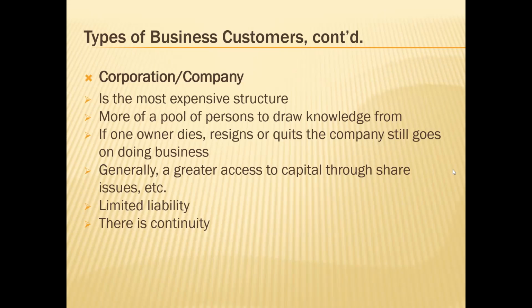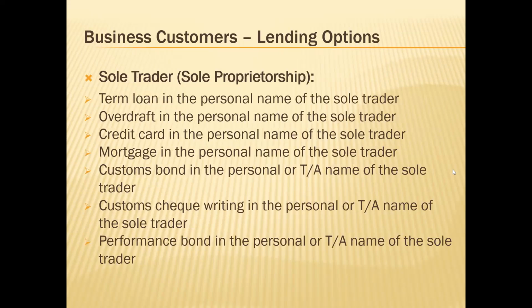Let's look at the lending options available to those three different types of business customers. And again, we'll start with the sole trader, sole proprietor. Okay, so those facilities that are available to him or her are term loans in the personal name, overdraft facilities in their personal name, credit cards in their personal name, mortgages in their personal name.